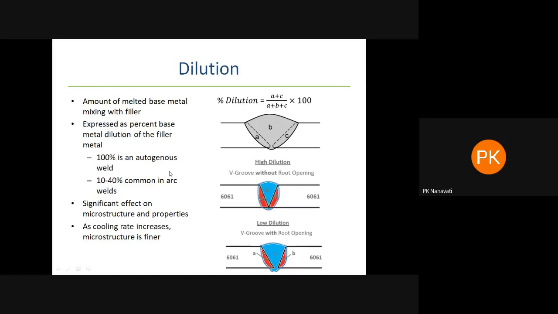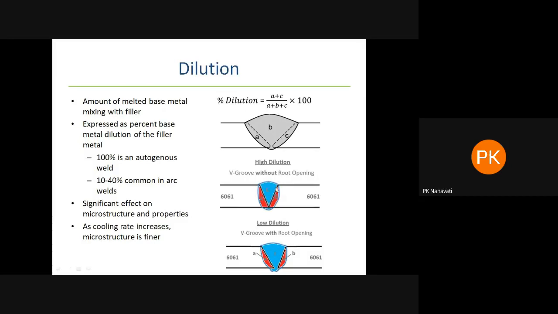So it is the contribution from the base metal into the weld metal. You have 100% dilution when you are welding without filler metal, that is, in autogenous mode. And when you are welding with some filler, you have some contribution from the filler metal. It means the filler metal will be melted and will fill the groove, and you have a mixture of the filler metal and the base metal.